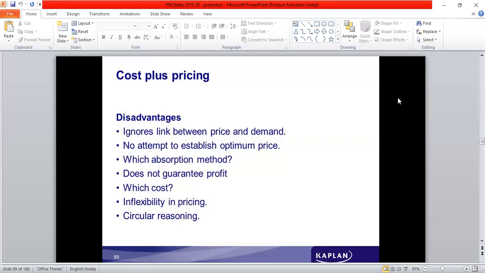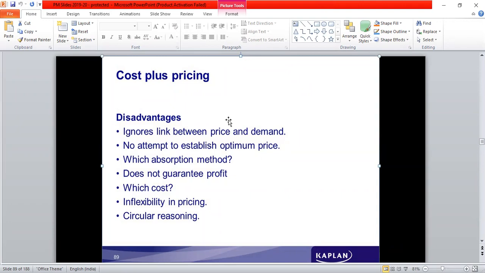It is not that simple, because when there is a change in the price, there is an impact on the demand. That cannot be ignored. If that is ignored, that can be a disadvantage. It is not just a relationship between the cost price incurred and the selling price decided.